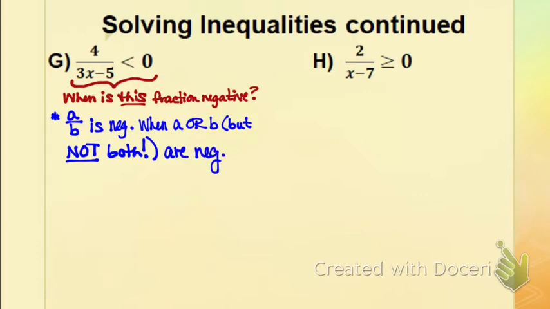What would happen if both numerator and denominator were negative? Yeah, we'd end up with a negative divided by a negative, and we'd end up with a positive value, so that's just going to cancel out there.